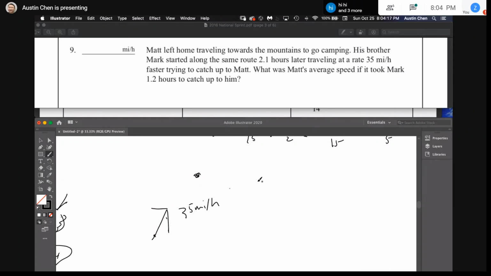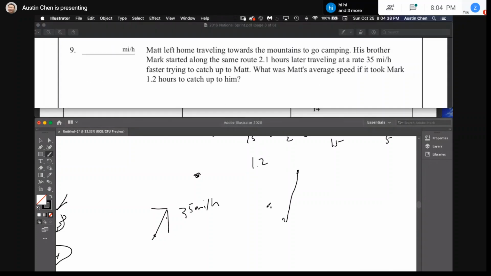So what is it saying? Well, it's saying that they had some initial distance between each other, and this distance is being covered at a rate of 35 miles per hour. And it took 1.2 hours trying to catch up to him.